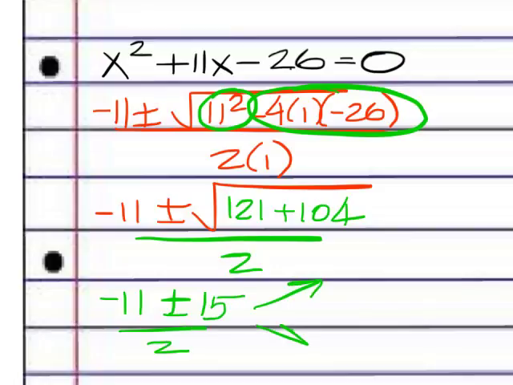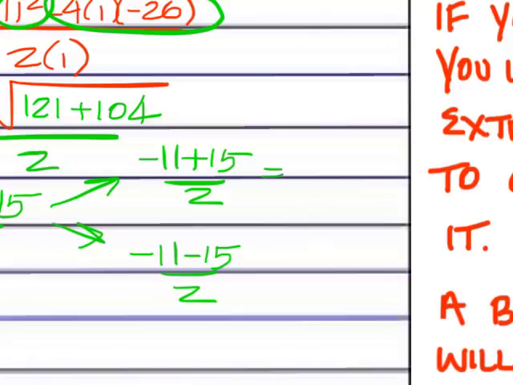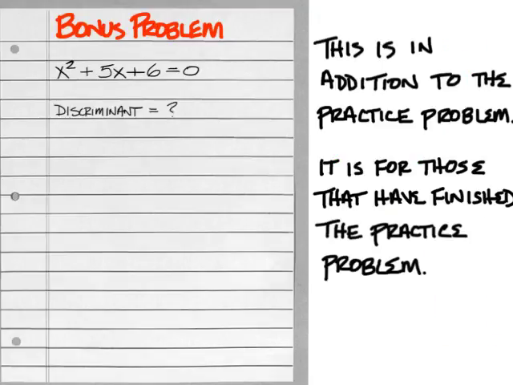And we'll break it up into two problems now. Negative 11 plus 15 over 2 and negative 11 minus 15 over 2. That will give you 4 over 2 and negative 26 over 2, which is 2 or negative 13.